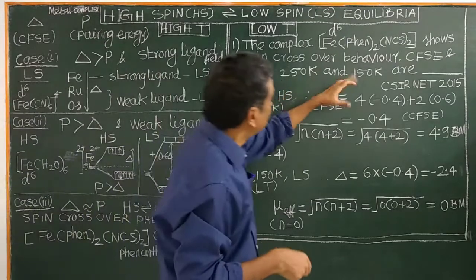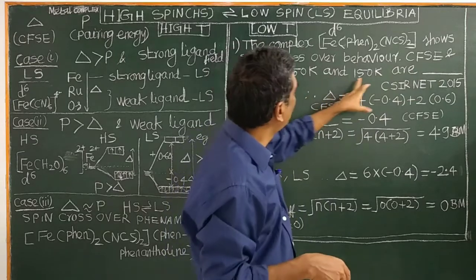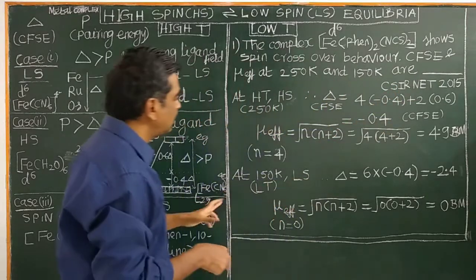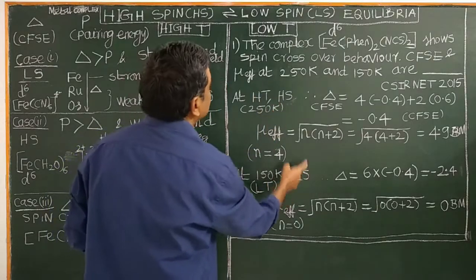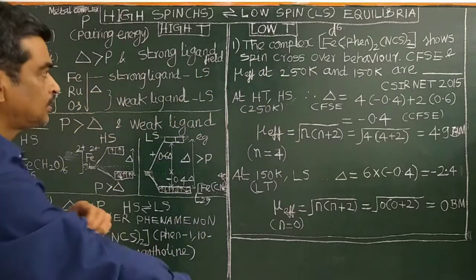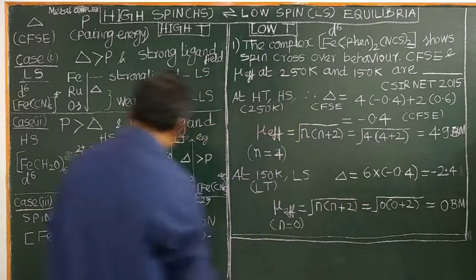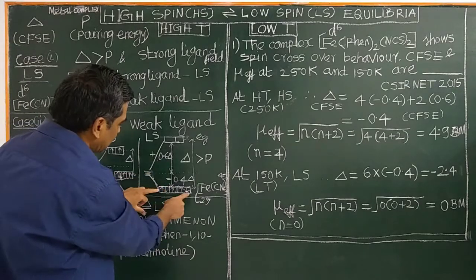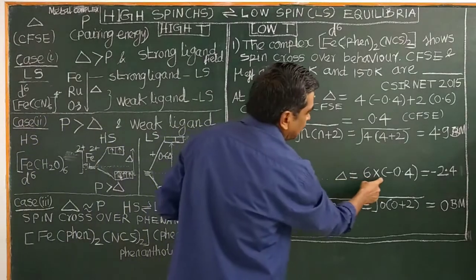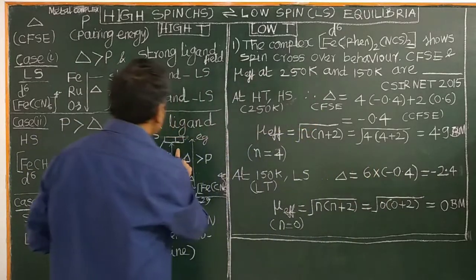Then you calculate the crystal field stabilization energy and mu effective at 150 Kelvin. At 150 Kelvin, at low temperature, it exists in the low spin state. Therefore, delta equals 6 electrons into minus 0.4 and this is 0.